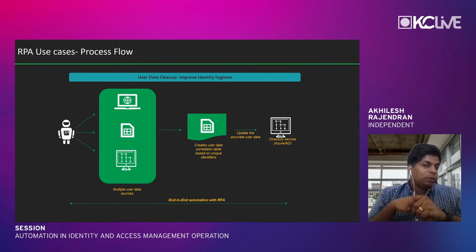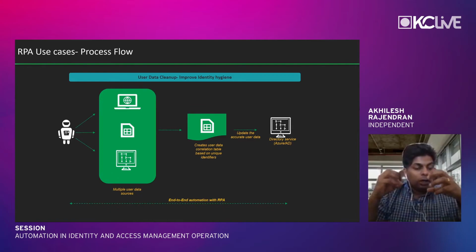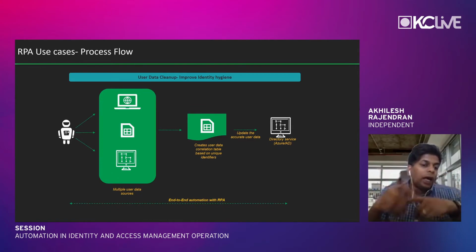They are facing the problem with identity and user data hygiene, where the bots can come and talk to multiple systems, collate or create a consolidated data sheet, and correct it based on which source of truth or what kind of rule we define, and then update the Active Directory or whichever system you want the bot to update. So this can be achieved very easily, and it can save a bunch of time and resources for you.